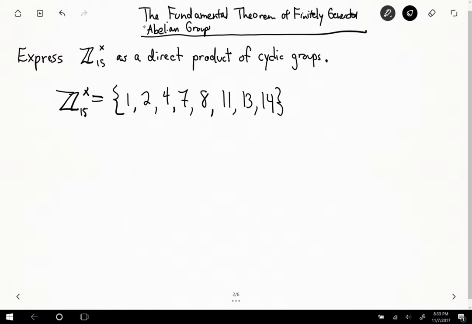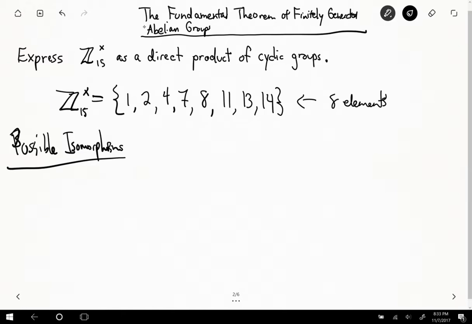So the fundamental theorem of finitely generated abelian groups tells us this: if there are 8 elements here, so this has 8 elements, then the possible isomorphisms, remember, 8 is just 2 cubed.